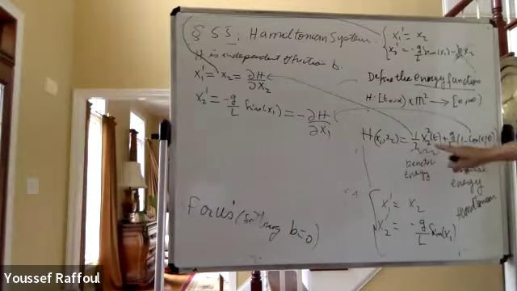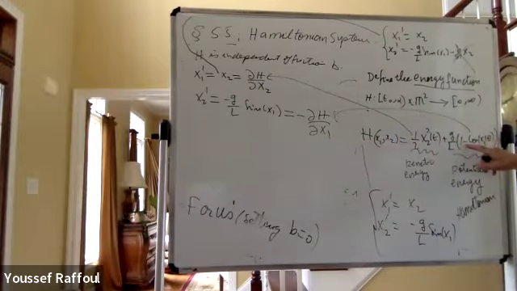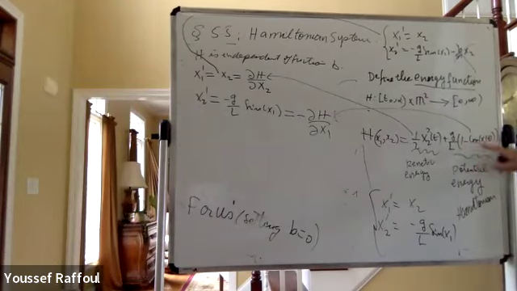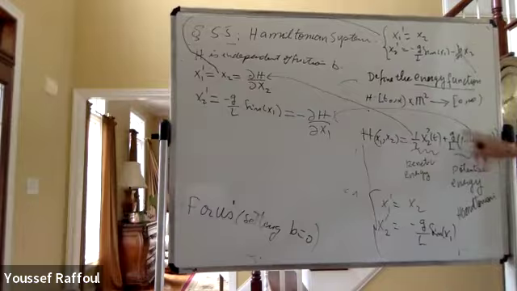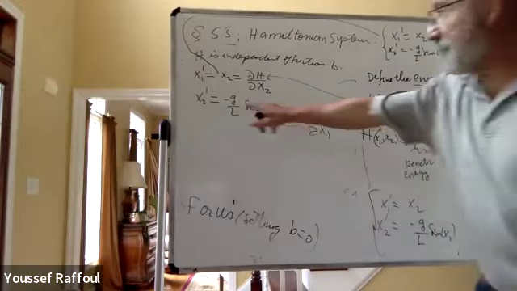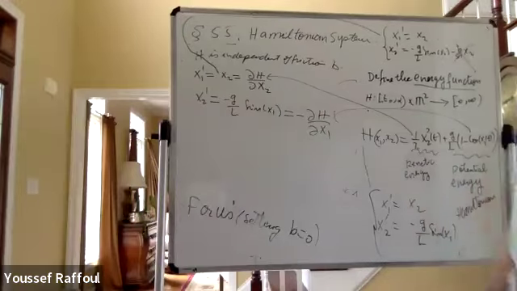Take del H over del x1, this is 0. You'll get g over L times the derivative of minus cosine. The derivative of minus cosine is sine. So you'll get g over L sine x1, but here we have minus, so it's minus del H over del x1.